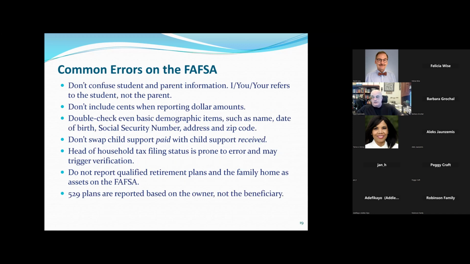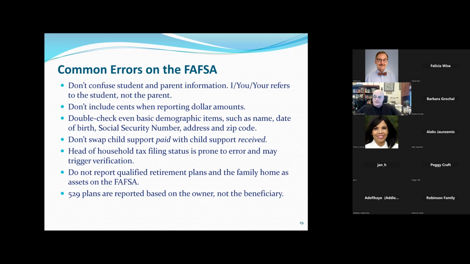Now, I'm listing some of the most common errors on the FAFSA. Many of these errors occur when the parents create an FSA ID for the student or vice versa. Oftentimes, the parents may swap the student's Social Security number with their own, or the Social Security number of a sibling, or maybe they'll start the FAFSA with their own FSA ID instead of the student's FSA ID.